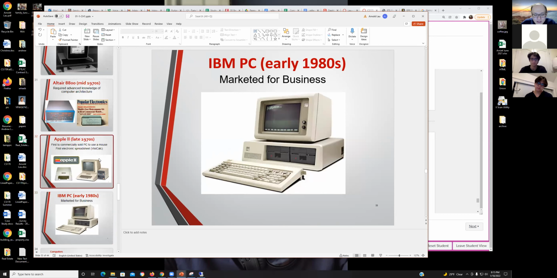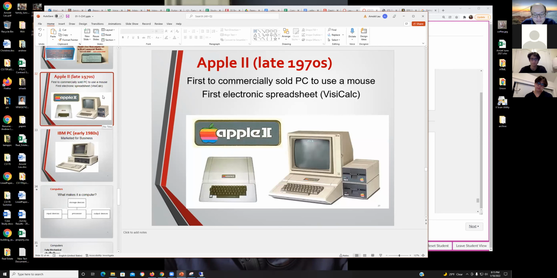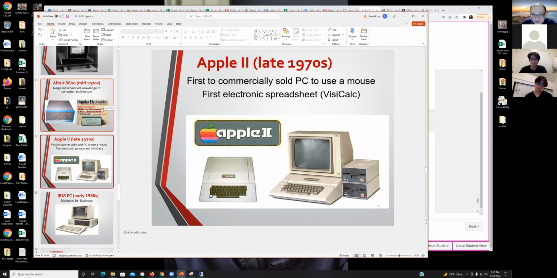Okay, so one thing to be careful about, and we get problems with this every semester, is the idea of using the mouse and the GUI, the idea of who invented it versus who made it mainstream, right? So Apple did not invent a lot of things, right? But Apple basically commercialized it for home use. So they made it popular.